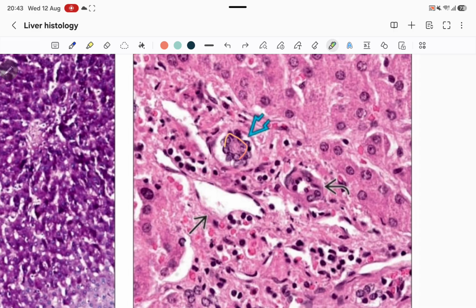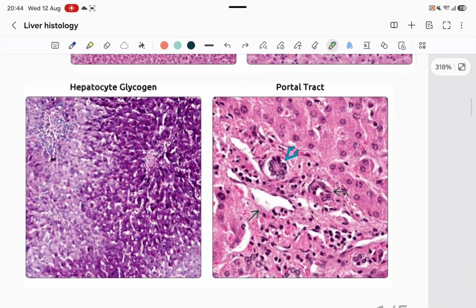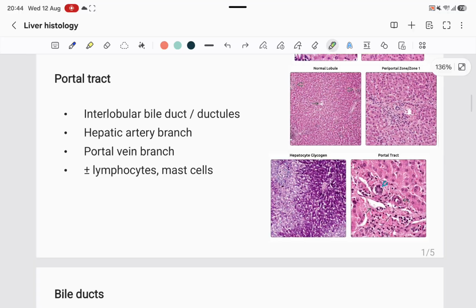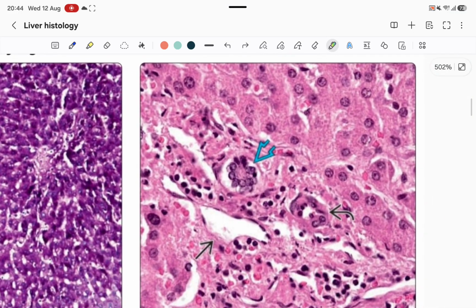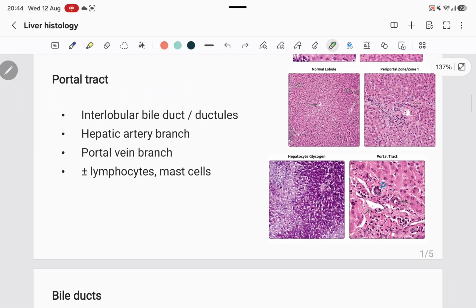Here, this convinces me that this is a bile duct. That's all I can say here. Just to be sure, you can do stains to make sure which one is the bile duct and which one is the artery.